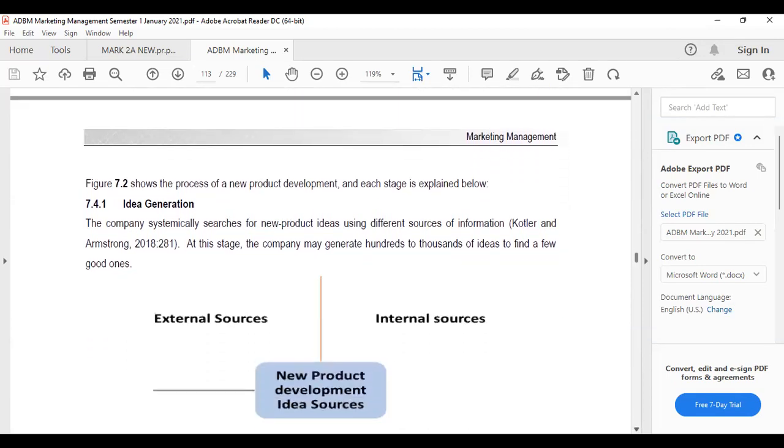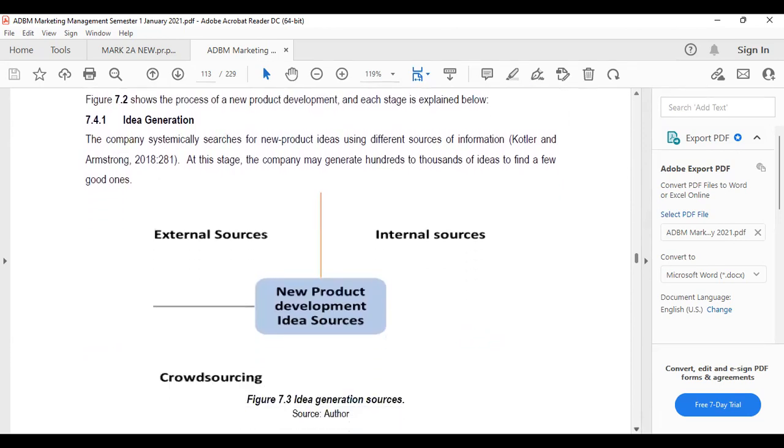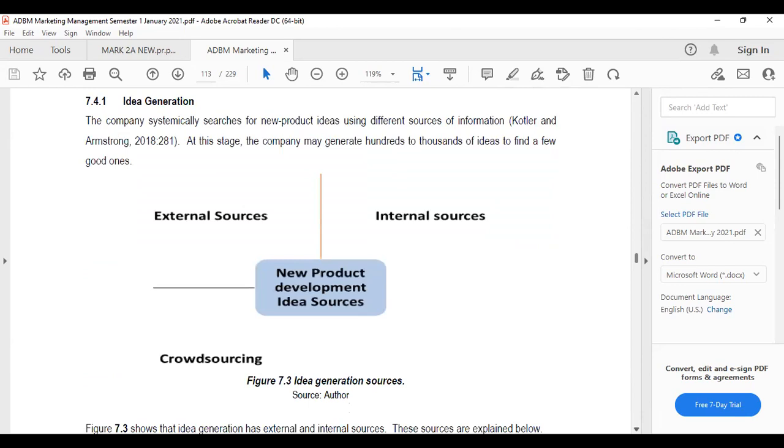Now here, the first one is idea generation. This is the first stage. Remember, you are comprehensively discussing the stages. So we are going to talk about 8 stages, and it's 20 marks. Sometimes how they allocate the marks, they can give you 2 marks each, which gives you 16 marks.